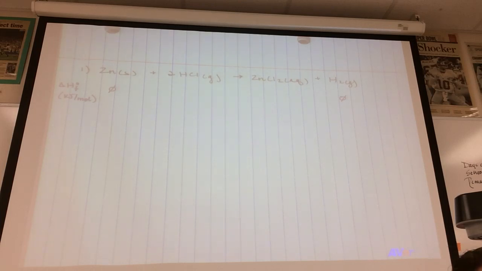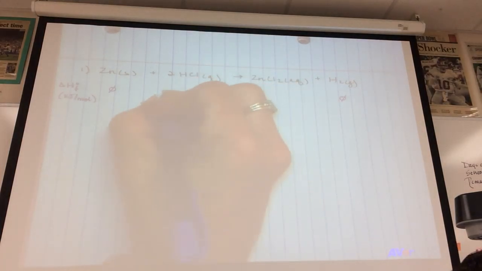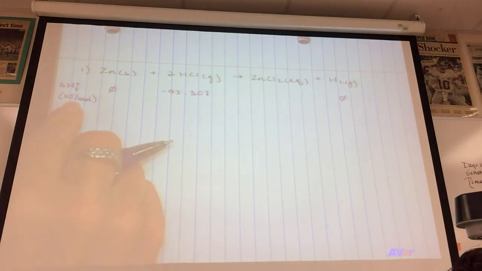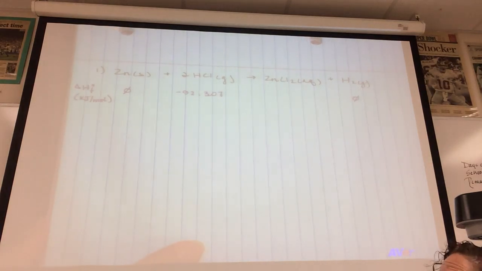Hydrogen chloride as a gas, so I look up HCl. And again, on your sheet it shows gas and it shows aqueous. Grab the gas, and that's negative 92.307 kilojoules per mole. If I write the unit over here, I don't have to write it every single time.